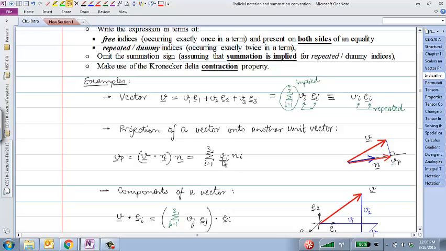No, because Vi is a scalar component of vector V, Ni is a scalar component of the unit vector n. The unit vector n has also three components, right? It could be 1 over square root 3, 1 over square root 3, 1 over square root 3, for example. So those Ni's are the scalar components of that. That's the term inside the brackets. The term outside the brackets is simply n. And using our notation, I'm going to write that as Vi Ni n.